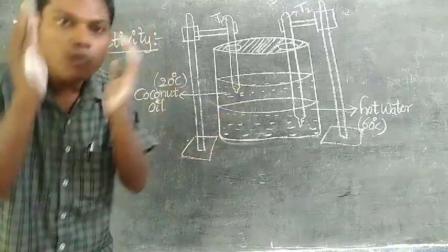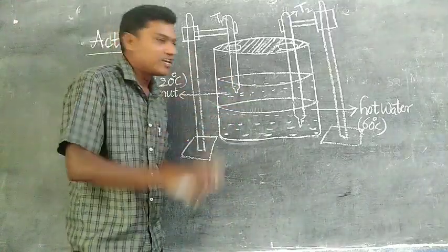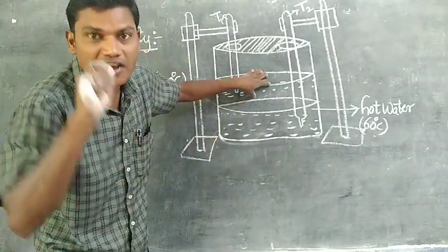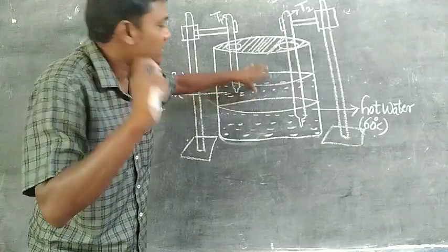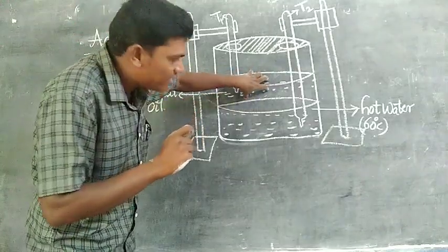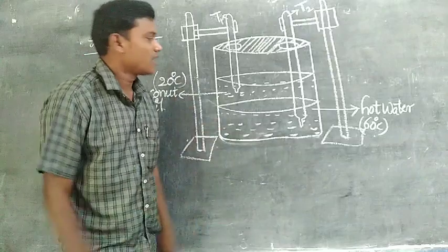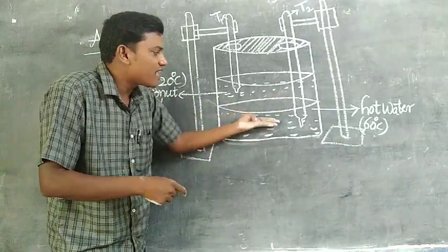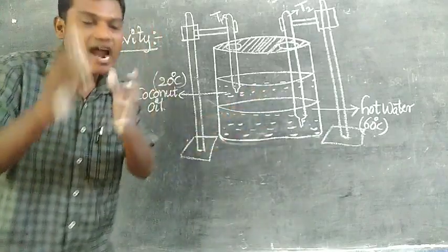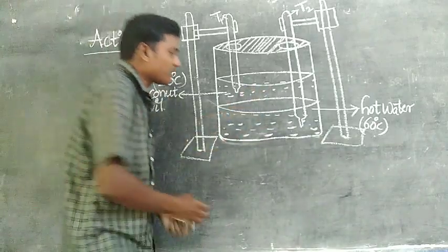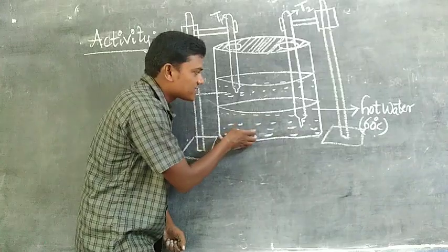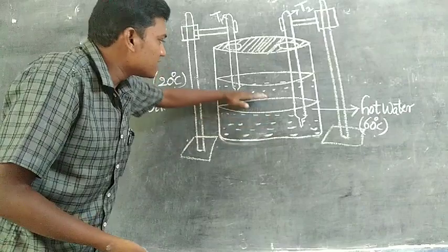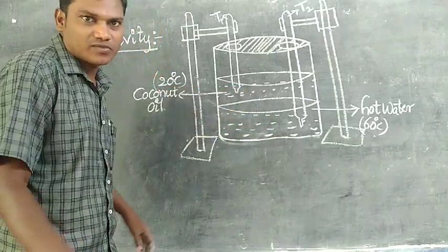Initially, at the start of the experiment, we observe that the motion of the red color food grains is less in the coconut oil and more in the water. As time goes on, the heat energy is transferred from water to coconut oil, and the motion of the red color food grains gradually decreases in the hot water and increases in the coconut oil.